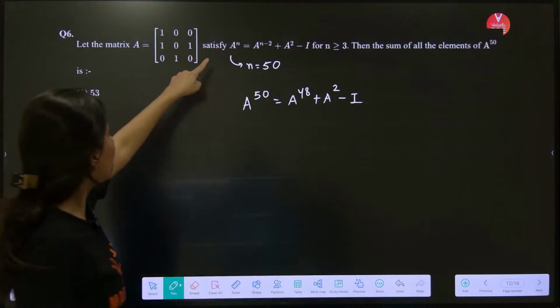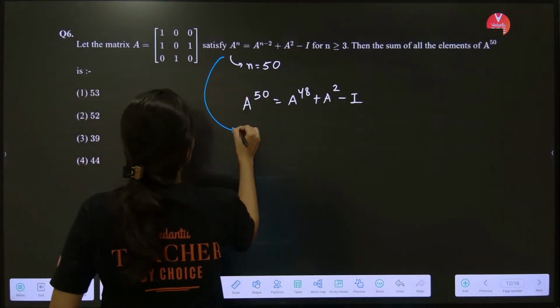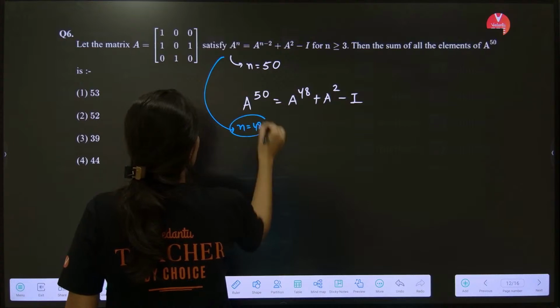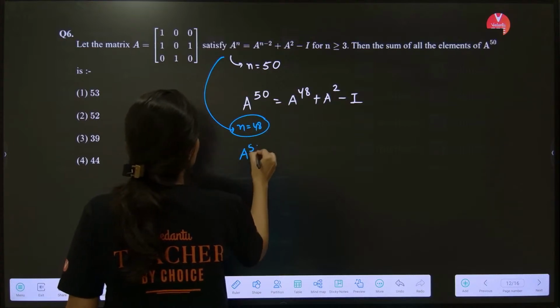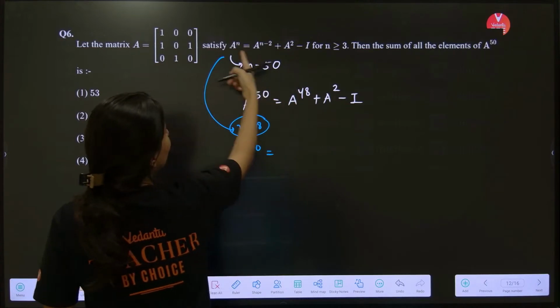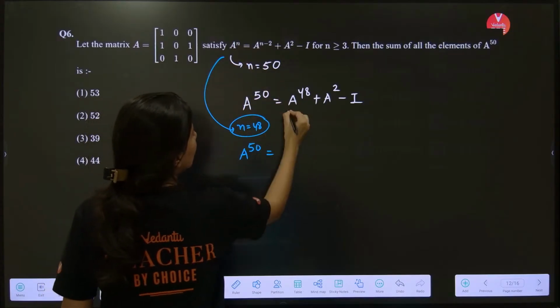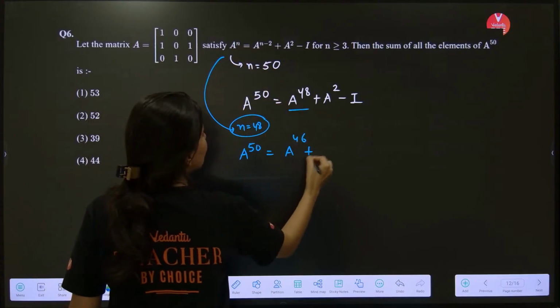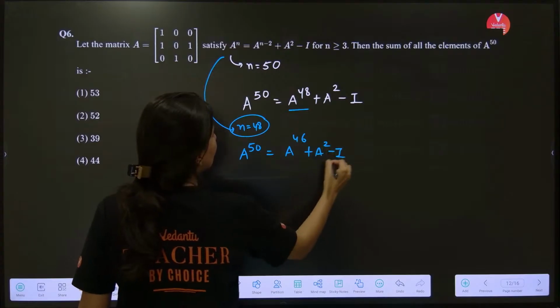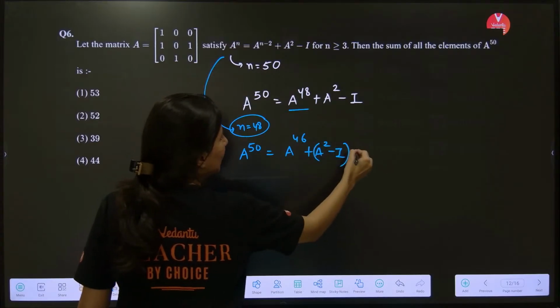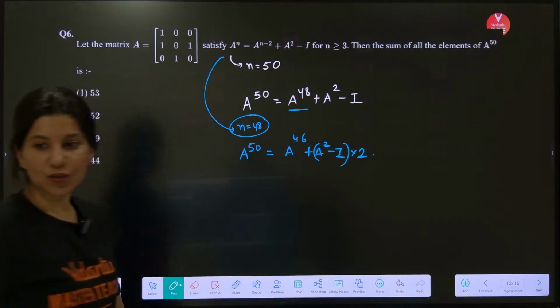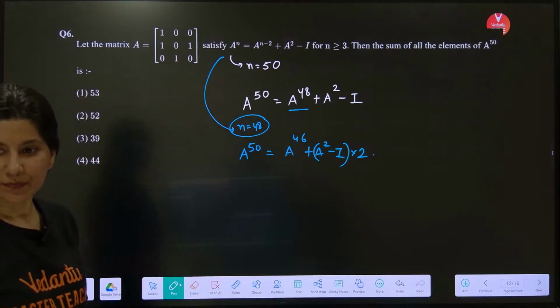Now A power 48, put A power 48 over here. Put n is equal to 48 and put the values. A power 50 is equal to, now A power 48 will be A power 46 plus A square minus I, and one more time A square minus I, so it will be into 2. Okay.